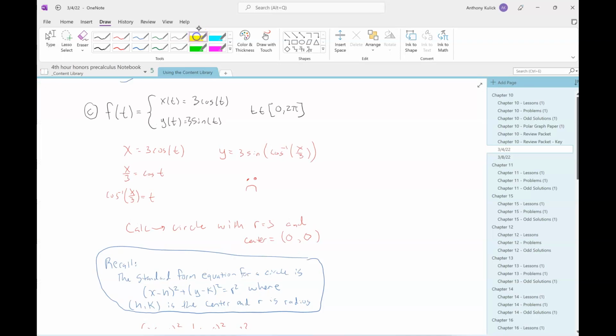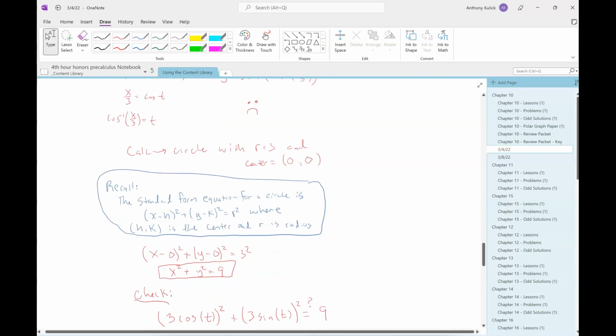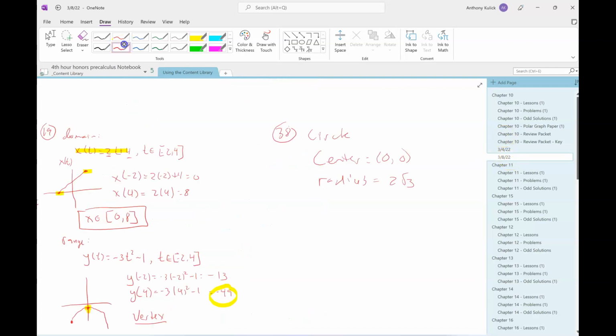So remember yesterday we saw that 3 cosine t, 3 sine t gave us a circle whose center was 0, 0, and whose radius was 3. So I'm just going to use this as my backwards map then.